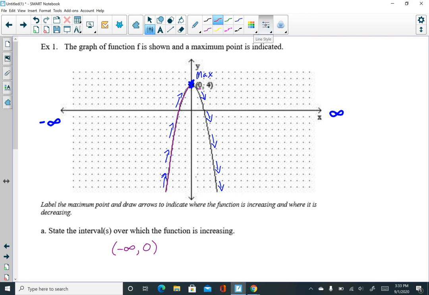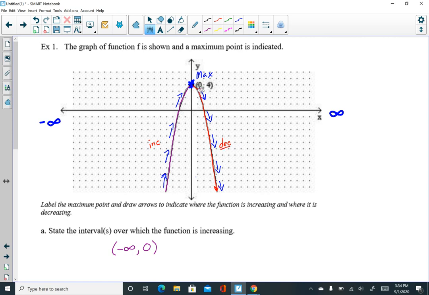Now, next up in part B, it wants us to give the interval notation where our function is decreasing. So from that tippy top point, on the other side of it, notice how all the arrows on this side are pointing downwards. So this is my decreasing side. This was my increasing. Over here now is my decreasing side. I want to write this in interval notation.